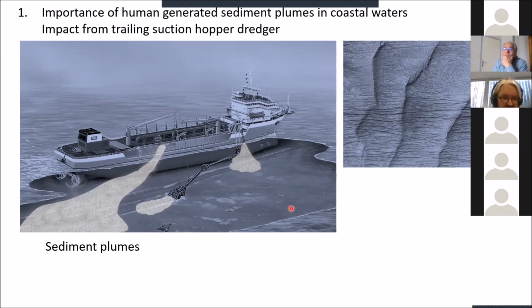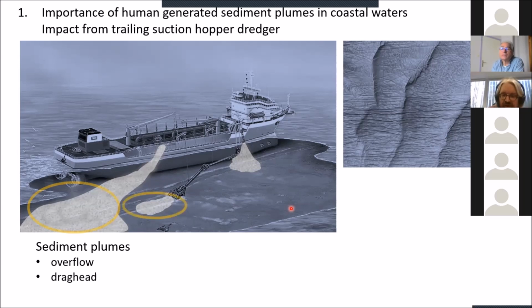These ships produce sediment plumes, and you can see on the image on the left that one part is caused by overflow sediment from the ship. The second part is produced at the dredge head itself on the sea bottom. And the third part is due to screening, where some larger material is redumped on the sea.